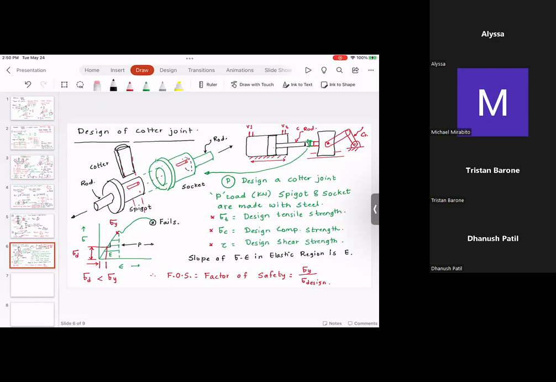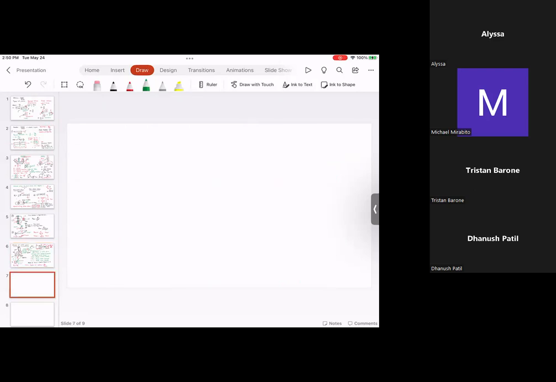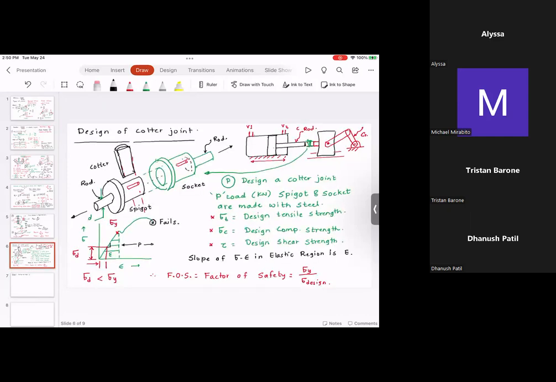So step number 1. This I'm going to call D. So step 1, design of the rod, and the dimension is D. Now please understand, this rod is in either compression or in tension.